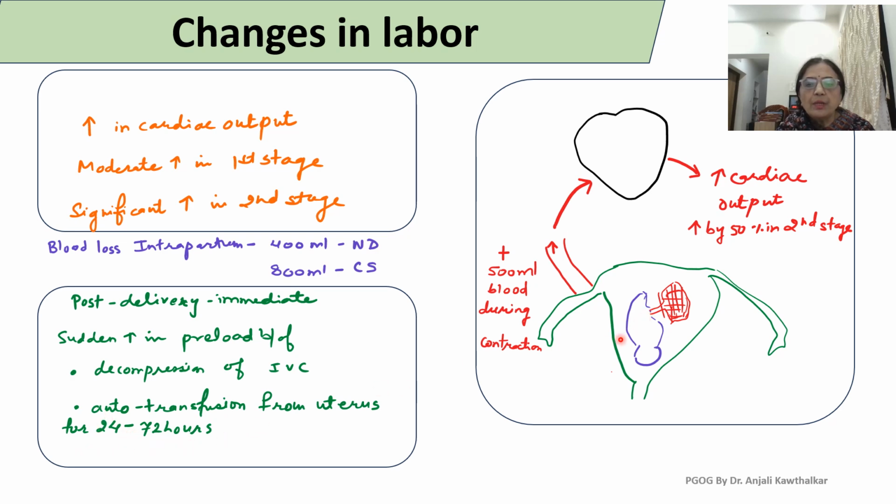So that is how more blood is getting into the circulation. With each uterine contraction, 500 ml of blood is getting added to the general circulation, and that is the reason why there is an increase in the cardiac output, around 50% in the second stage of labor.